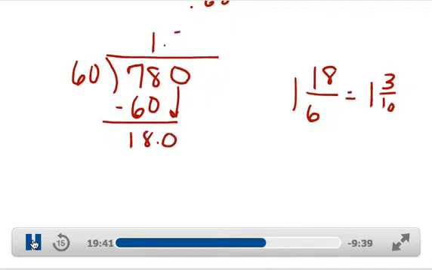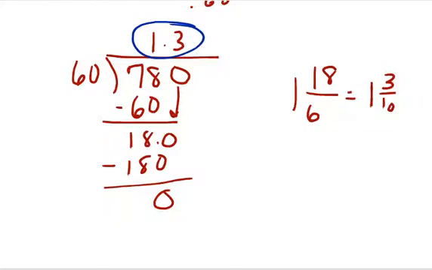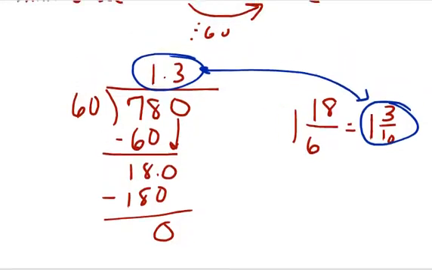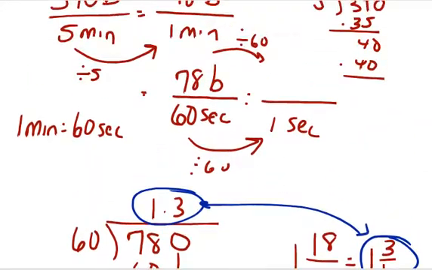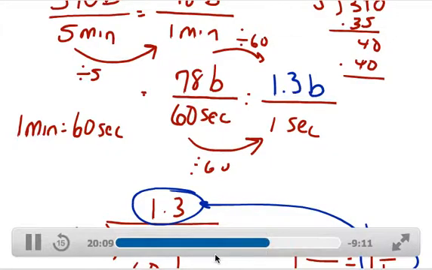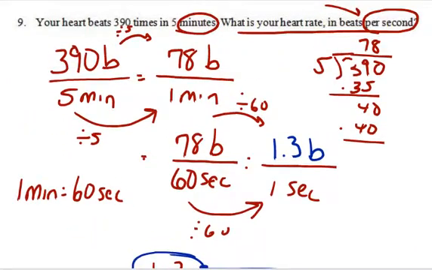See that 60 goes into 180 3 times. It's 180. And look, lo and behold, 1 3/10. I don't care which it is, but your remainder is not a decimal. So now we go back and we say that it beats 1 3/10 of a beat every 1 second. There's your answer.